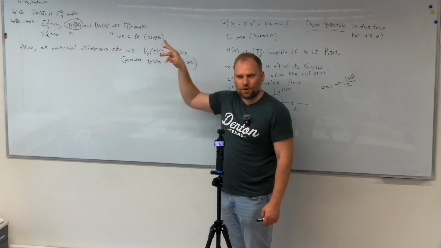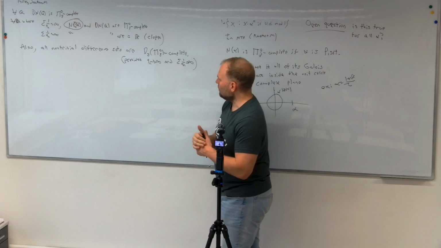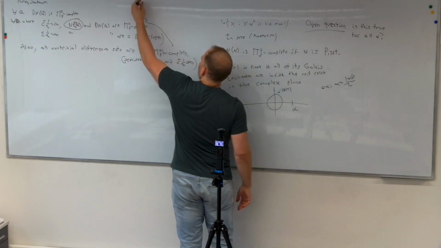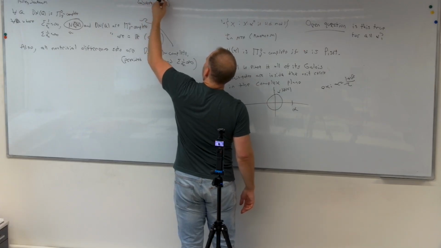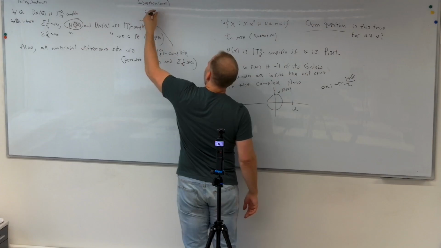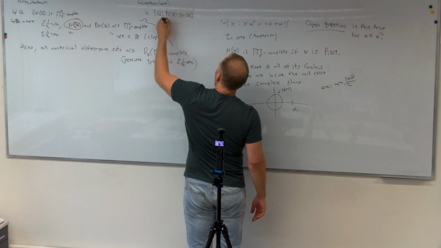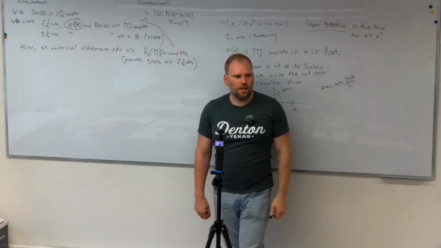So that leads me to one of the open questions I'm most interested in. I'll write it right now. Open question: is the set of Q such that N of Q equals DN of Q real?